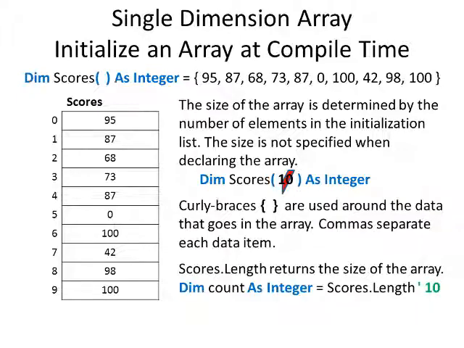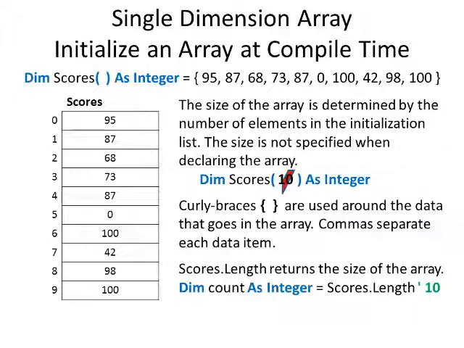The size is not specified when declaring the array. I don't want to say Dim scores(10) As Integer, because the size of the array needs to be determined by the number of elements that are being initialized. Curly braces are used around the data that goes in the array, and commas separate each data item.